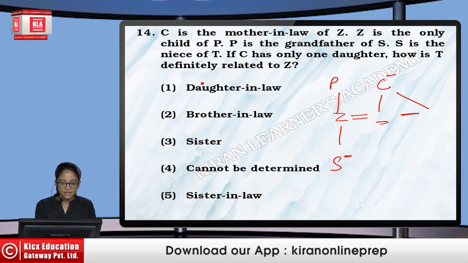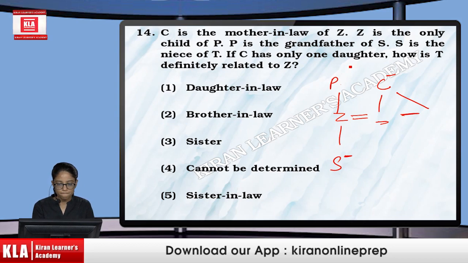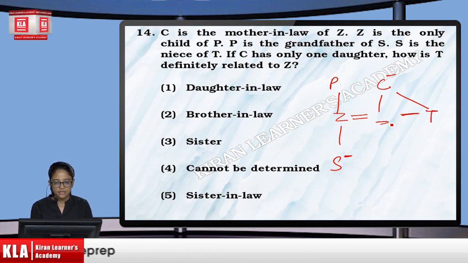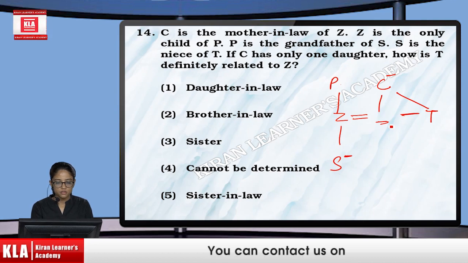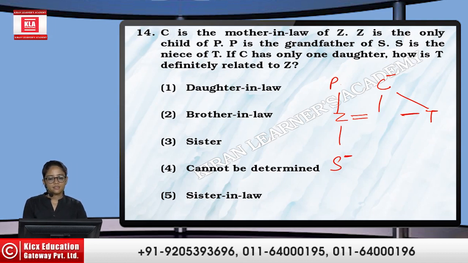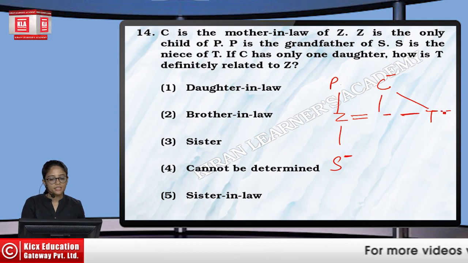Next we have, if C has only one daughter, then how is T definitely related to Z? So if he is saying that C has only one daughter, it can be this also and it can be T also.